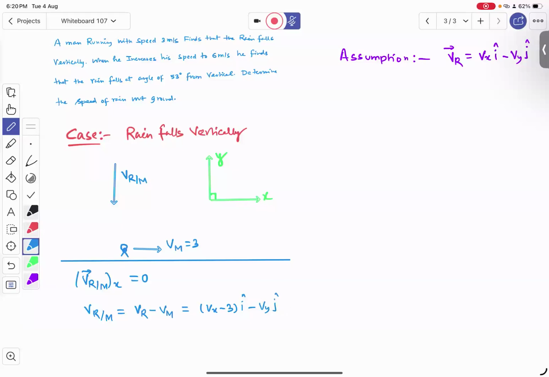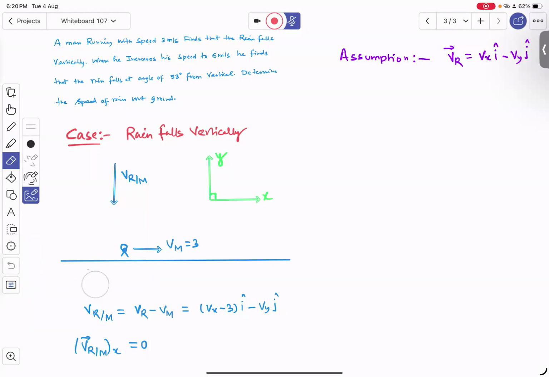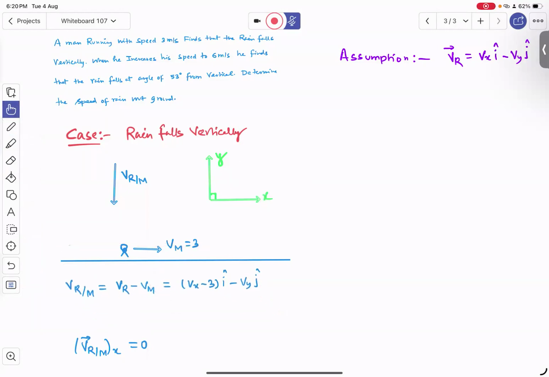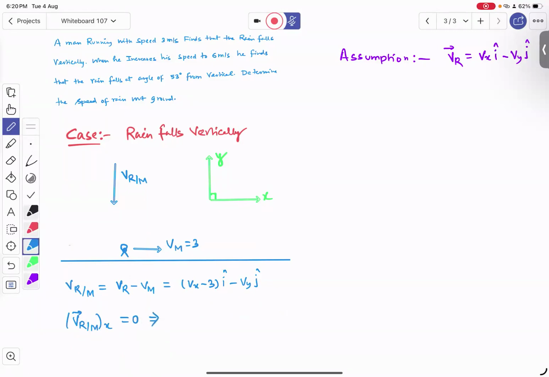This vector's x component is 0, so Vx minus 3 is 0. We find that Vx is equal to 3. So the only thing left is to find Vy.